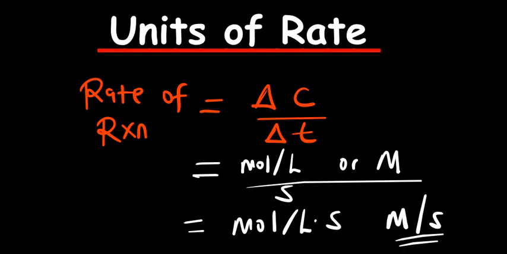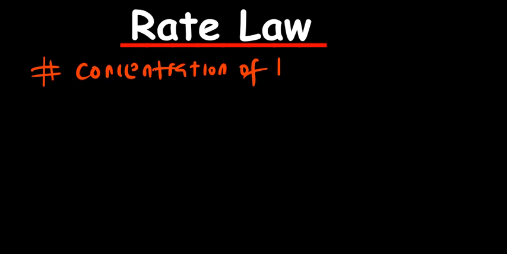Now, this rate of reaction is affected by several factors, and you're supposed to understand those factors. First and foremost, what can affect the rate of a reaction? It is the concentration of the reactants. So how do the reactants affect the rate of a chemical reaction?